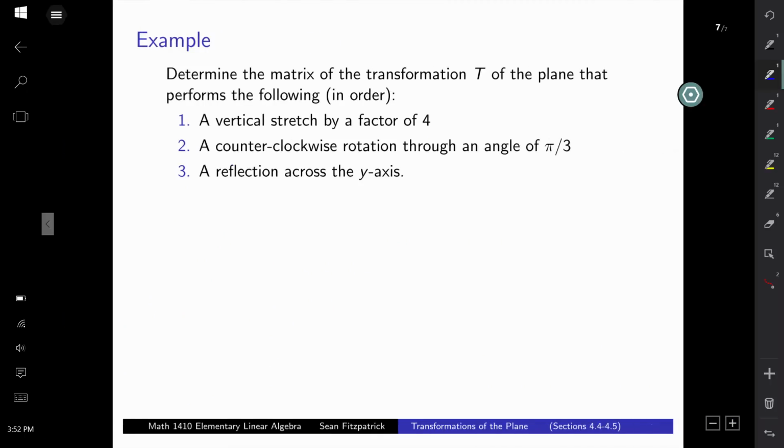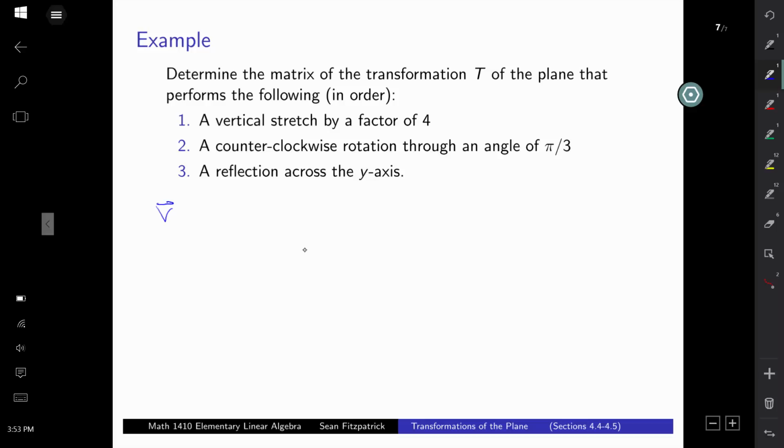All right, so here's an example. Here's a common example thinking about transformations of the plane. A general transformation of the plane might be formed by doing several of these basic transformations in some order. Think about starting with a general vector.